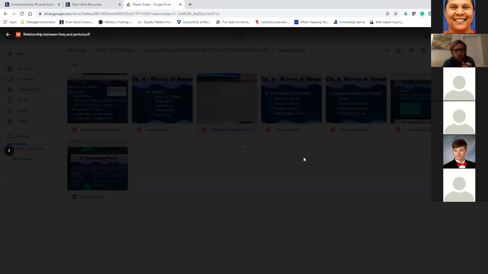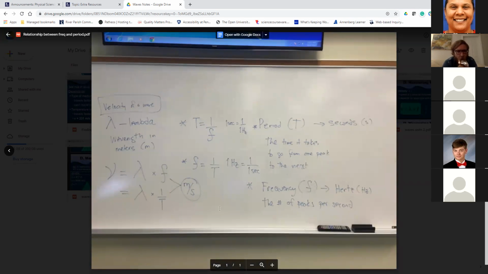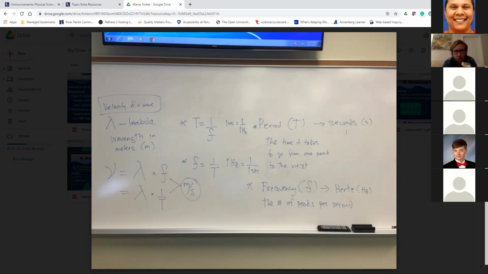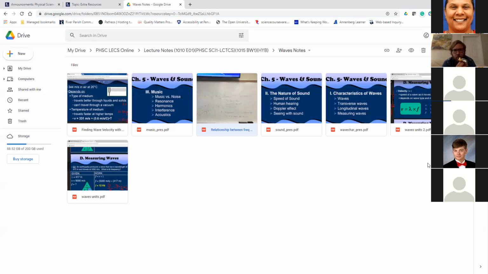I have a summary screenshot showing the relationship between period and frequency, the universal wave equation, the relationship between the various formulas and the units, and then defining period and frequency for you. So those are major concepts that relate the properties of waves that we measure.